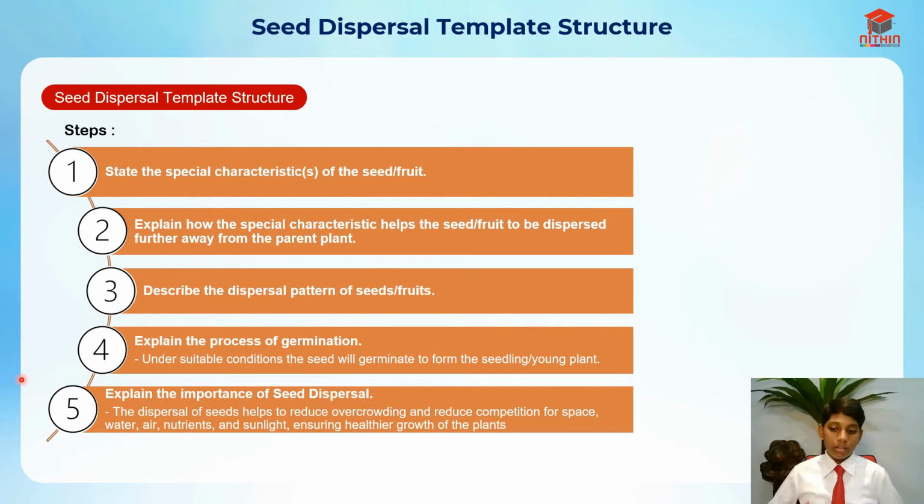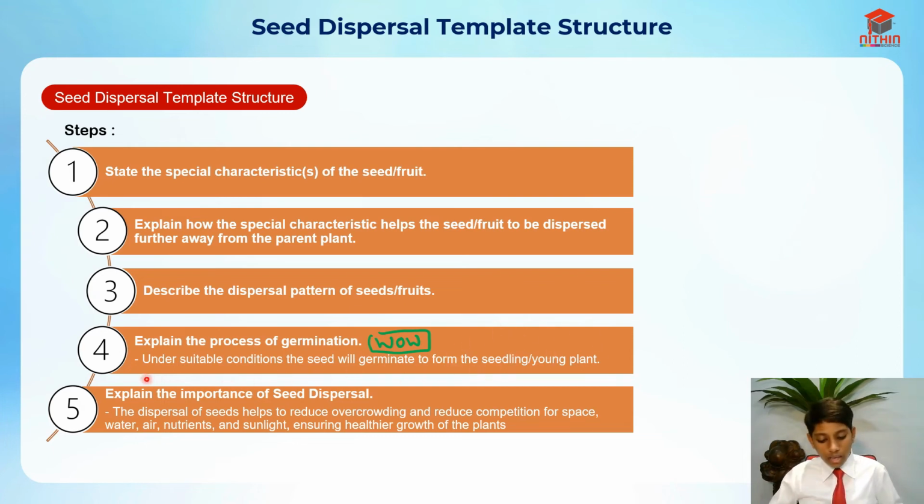Yeah, we have to explain this, and we have to describe that. And for the fourth step, we have to explain the process of germination. So wow, right? You remember wow for germination. Explain the suitable conditions to germinate, basically.